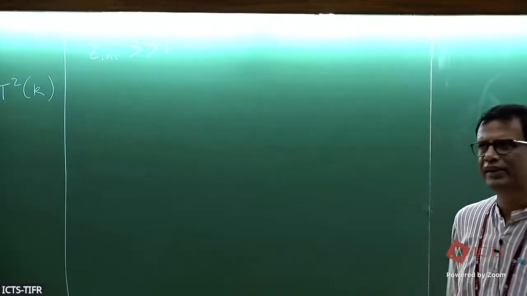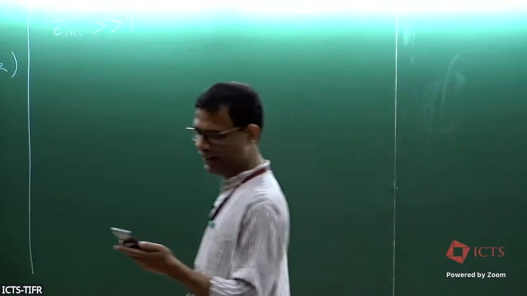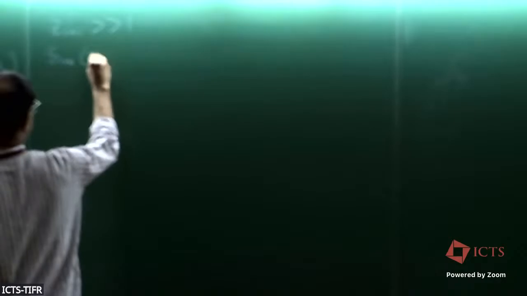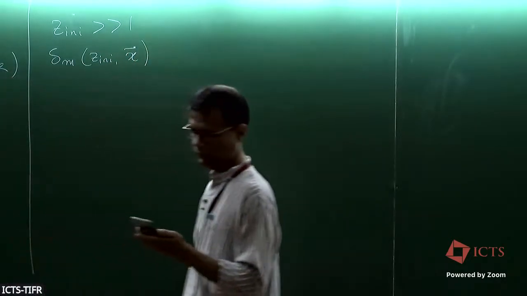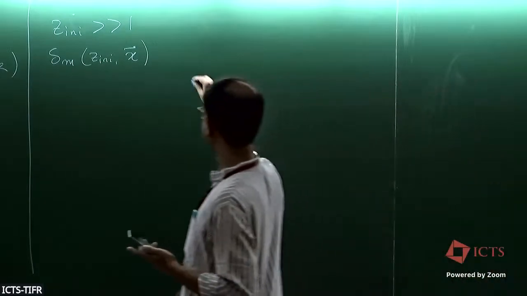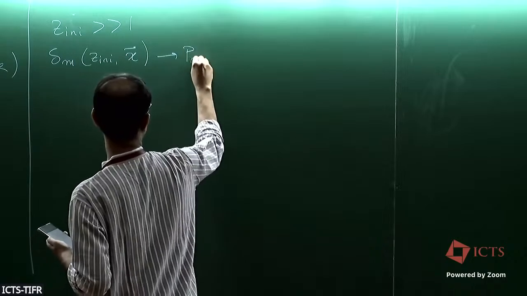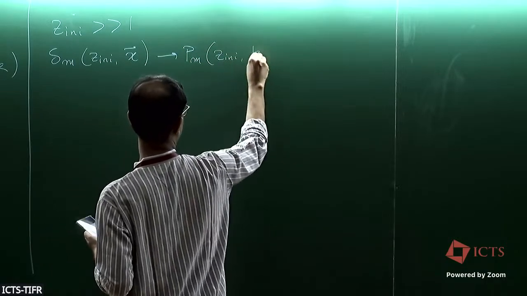The perturbations are as small as you want, you just go early in redshift. And I have this field, delta m, z initial, x. Essentially, it was all given by the power spectrum at z initial, k.